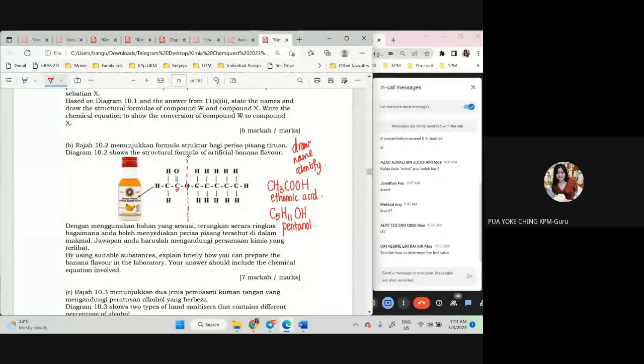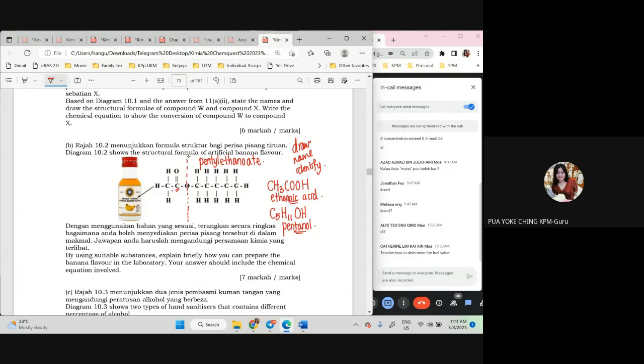So pineapple ni nama dia ialah pentyl ethanoate. Jangan salah terbalik. Okay, it's pentyl ethanoate. Okay, alkohol akan jadi depan, ethanoic acid akan di belakang.